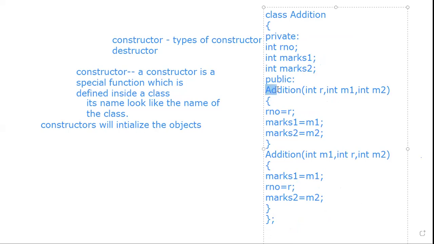See, here we have the same name, here also the same name, and the class name is also the same. So this is called one constructor, this is called one constructor. If you are using more than one constructor in a class, that we can call as constructor overloading. Clear, understand?